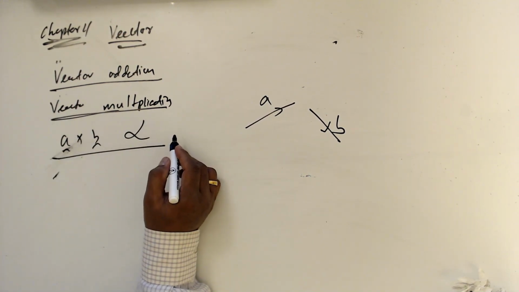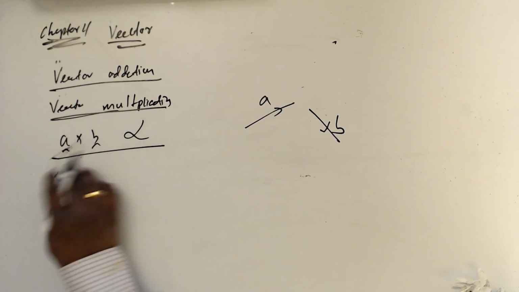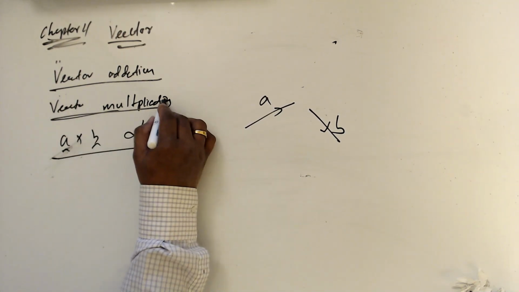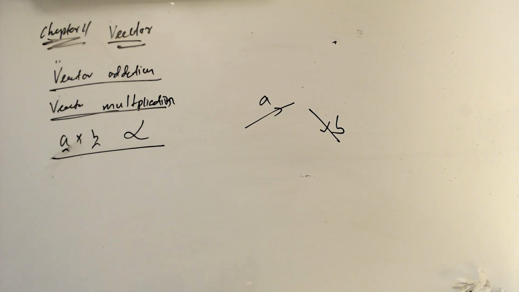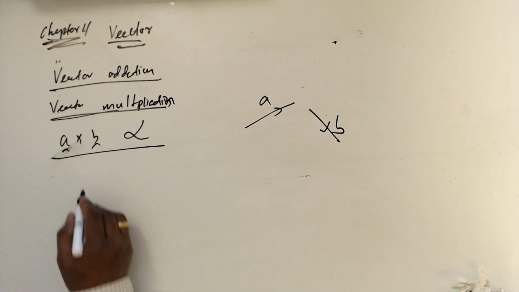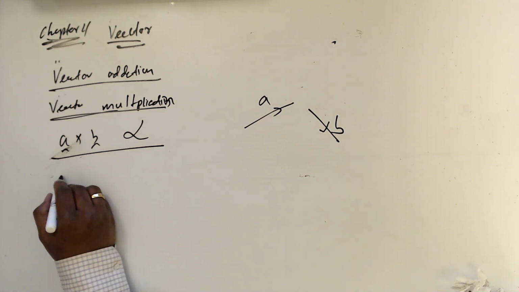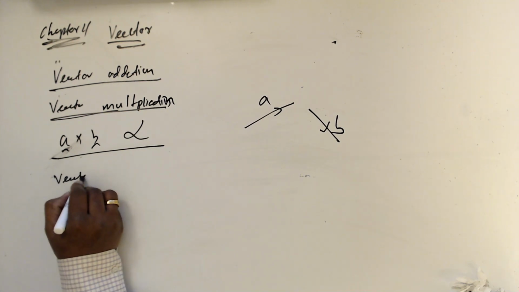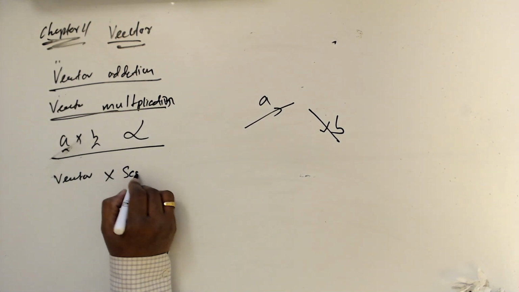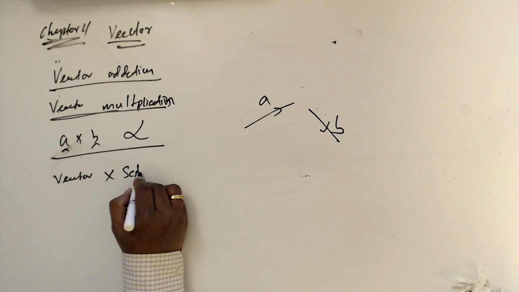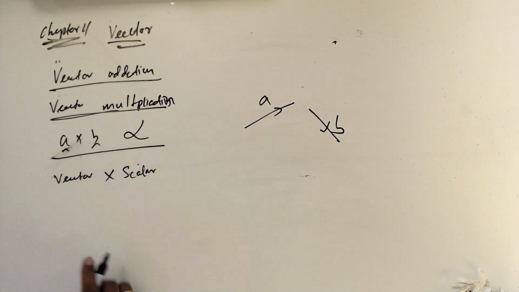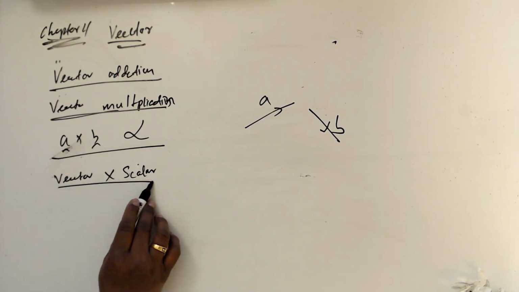We can't do that. There's no vector multiplication. The only thing we can do is multiply a vector by a scalar.